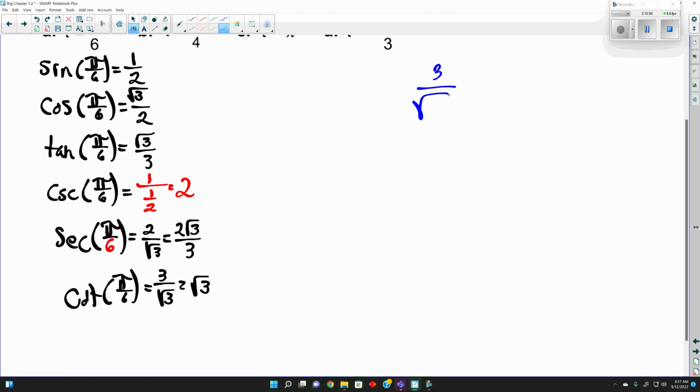I can show you this, because again, we'd multiply by the square root of 3 over square root of 3. The numerator is going to be 3 square root of 3, and just like the last one, the denominator will simplify to 3. But this time we have 3 over 3, which simplifies to 1, telling us it's just the square root of 3.